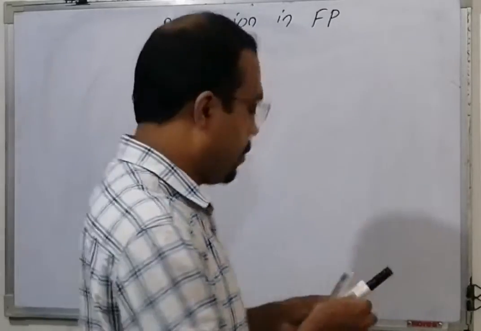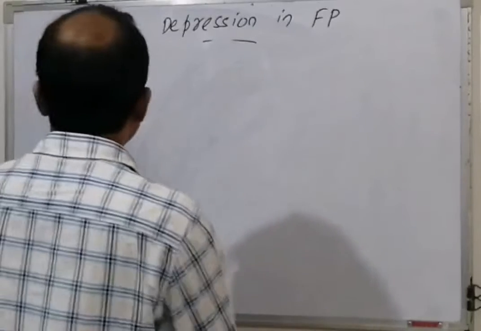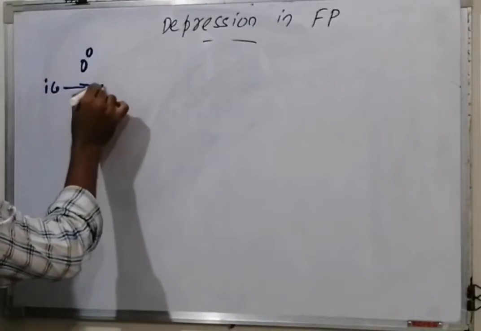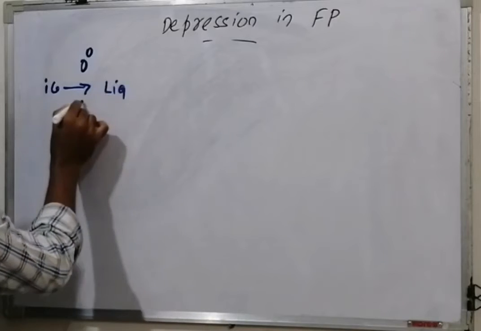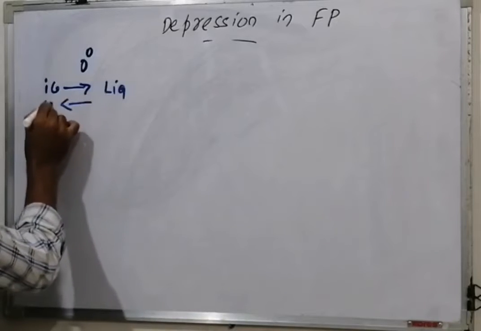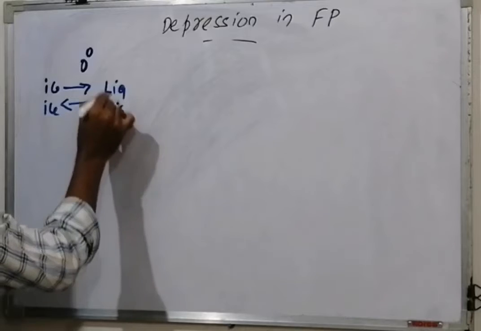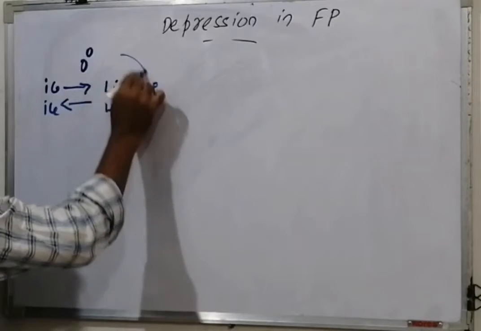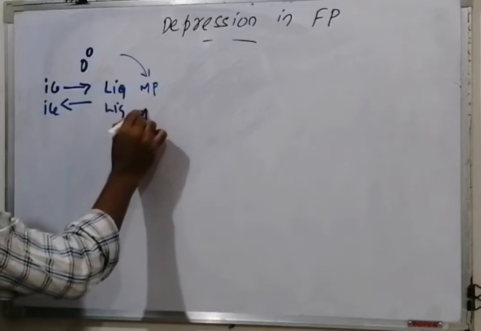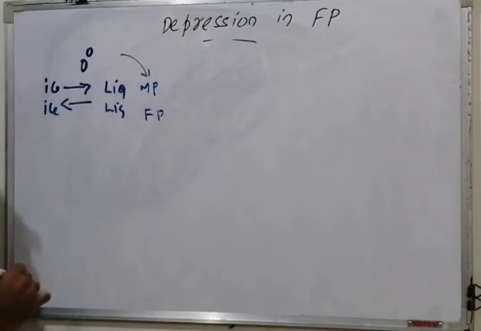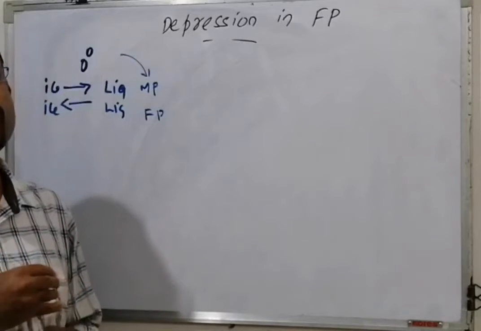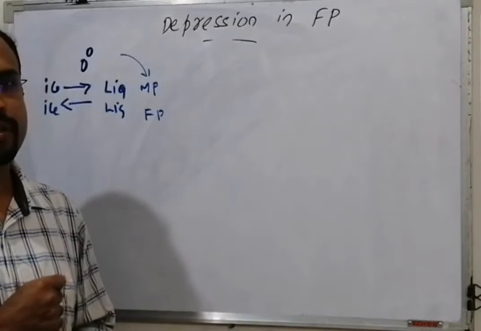Therefore 0 degree for water is ice to liquid or liquid to ice. Ice to liquid is the melting point, liquid to ice is the freezing point. Therefore 0 degree is the freezing point as well as the melting point.